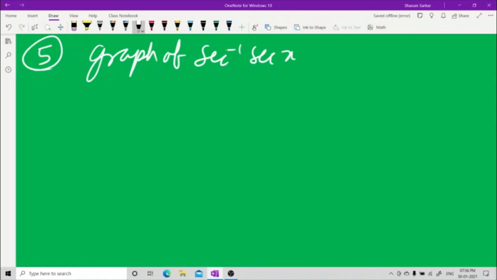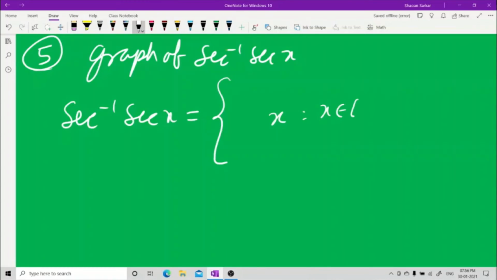Exactly like cos inverse x you can do. Now the point here is that sec inverse sec x would be the same thing that you had for this. For x belonging to 0 to pi, from where minus pi by 2 would be removed.